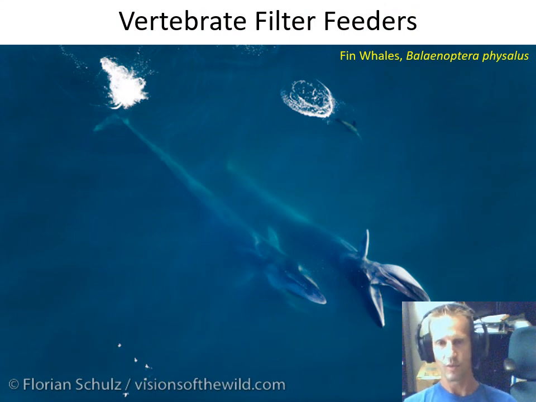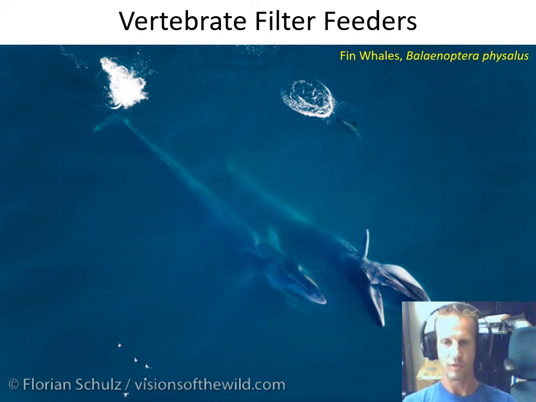On the topic of whales, there are lots of wonderful species of whales in the world. So we were just looking at the right whale, one type of baleen whale that's a filter feeder with these big comb-like filter plates in its mouth. There are other wonderful filter feeders that feed in slightly different ways. The second biggest whale in the world is the fin whale, Balaenoptera physalus, and here you can see them filter feeding.